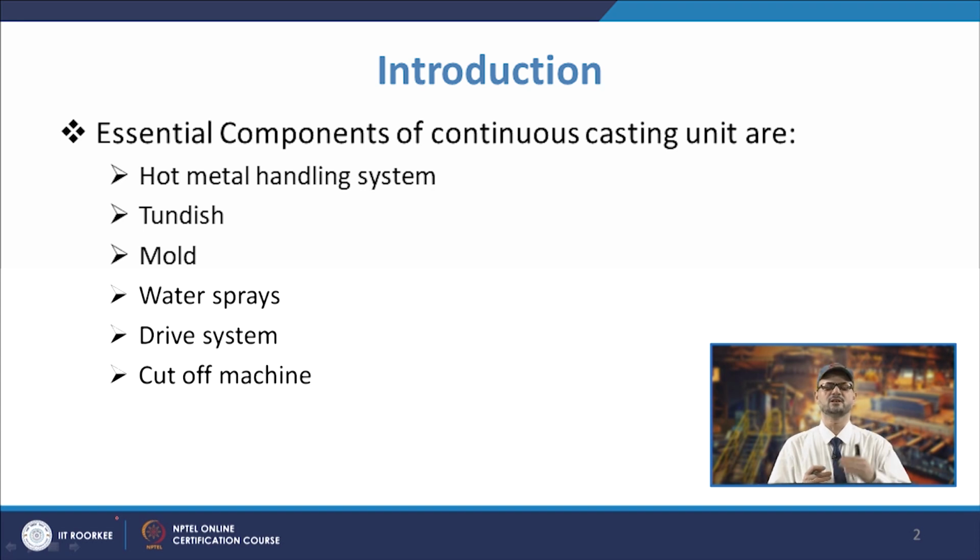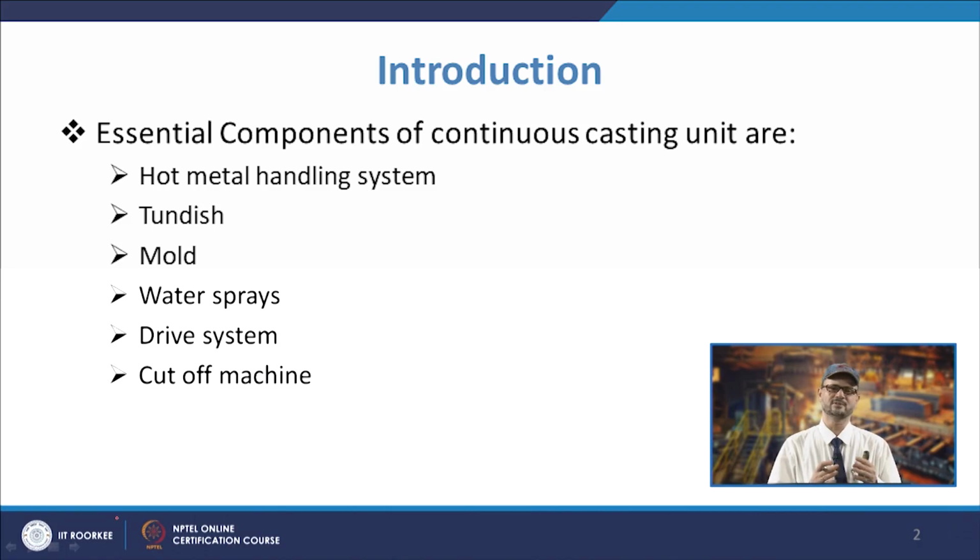All these components make one continuous casting unit. The hot metal handling system starts from the system which will be handling and bringing the hot metal, that is especially the ladle.